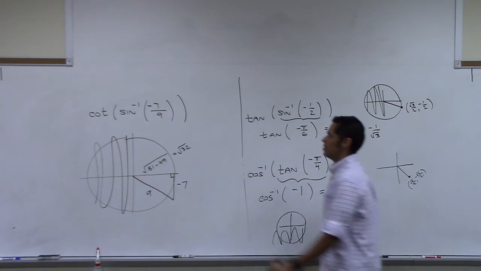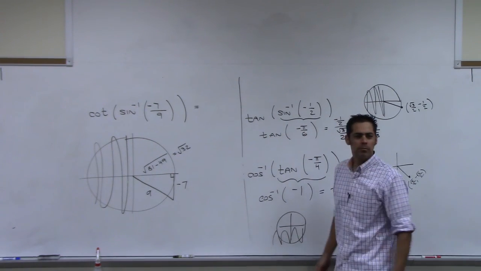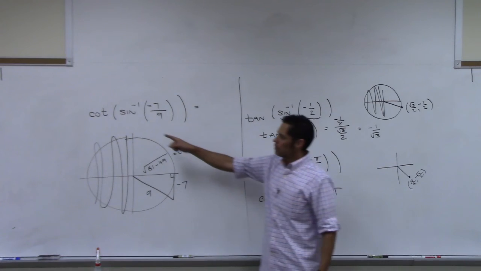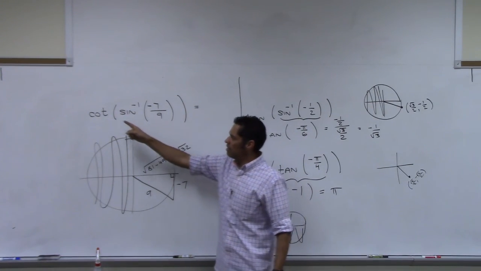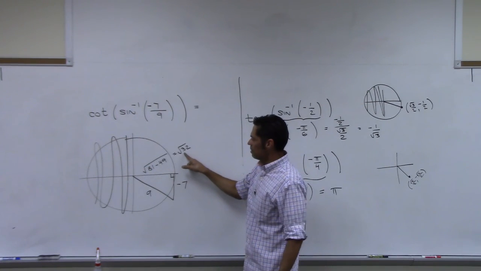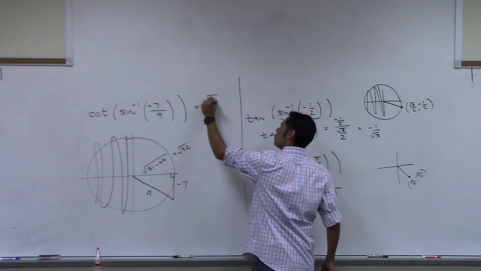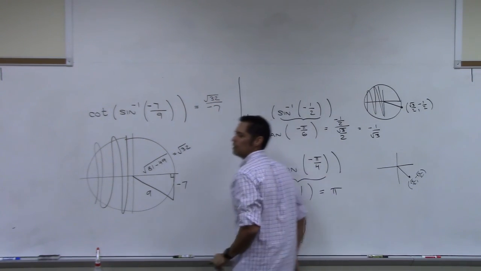So what is the answer to this? Cotangent is adjacent over opposite. This is the adjacent, this side, and this is the opposite. So you should go root 32 over negative 7. Yes?